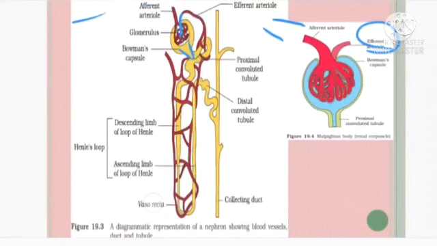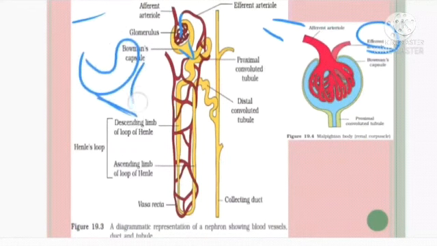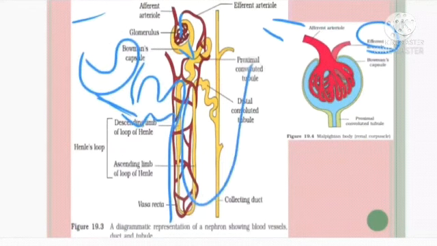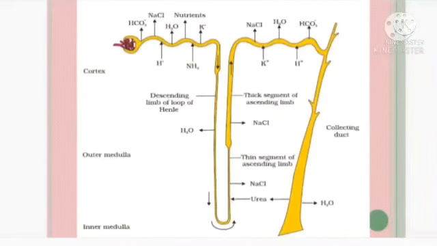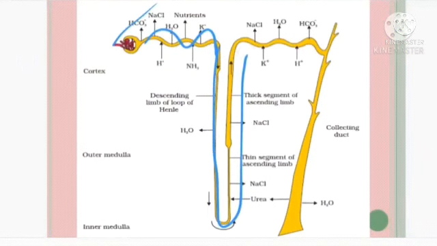So what are the different parts when you look at the structure? The first one is your Bowman's capsule. The Bowman's capsule leads to the proximal convoluted tubule, then to Henle's loop, thereafter to the distal convoluted tubule, and then to the collecting duct. So this is the structure you can find. Bowman's capsule, proximal convoluted tubule, Henle's loop, distal convoluted tubule, collecting duct.